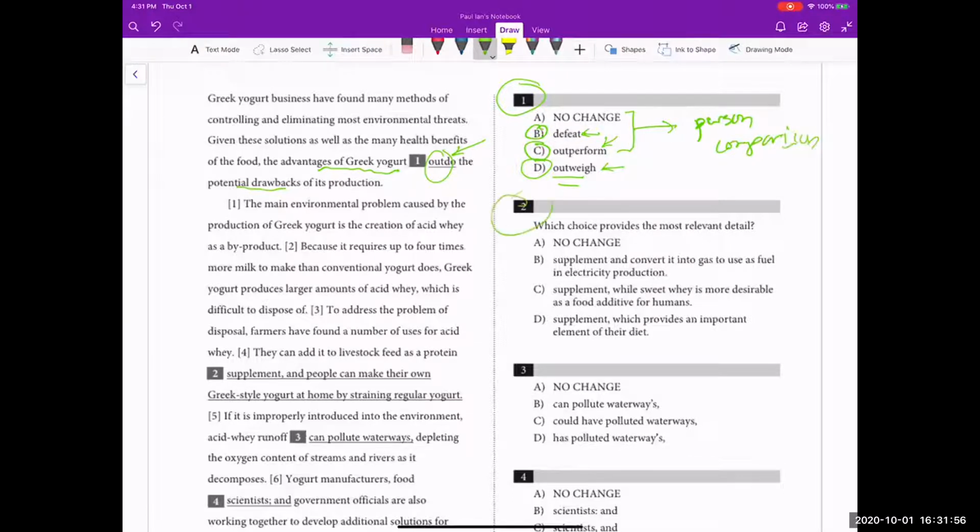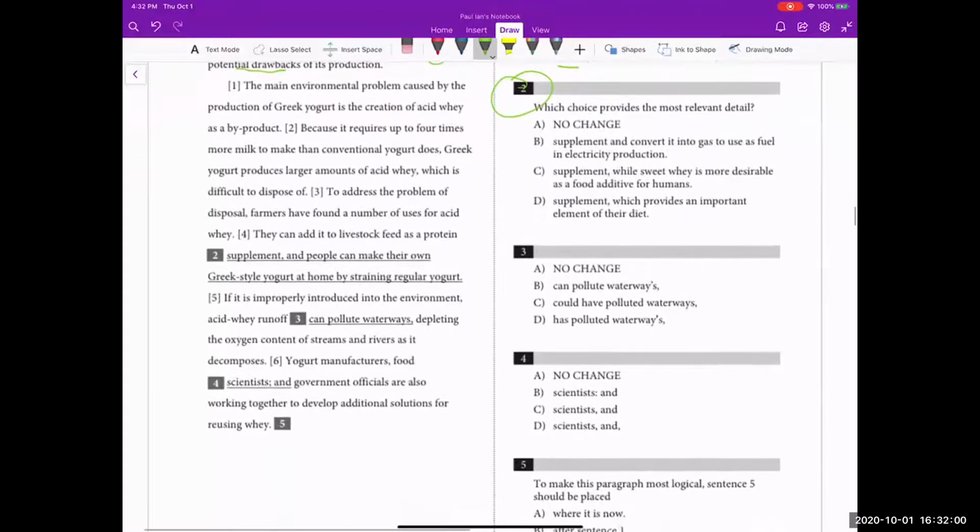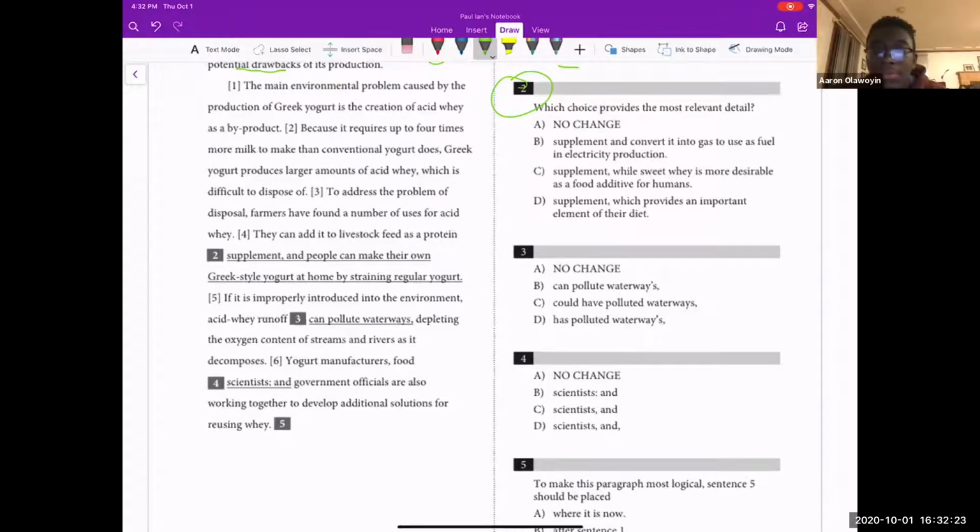And then, what about this guy? B. Oh, good.